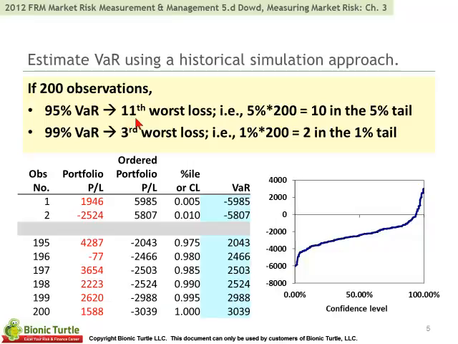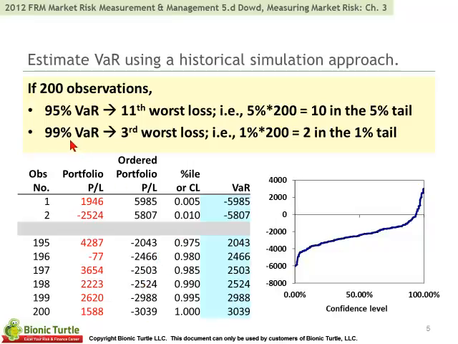We're going to draw the line at the 95% VAR as the 11th worst loss. You can see here's the worst loss, 2nd, 3rd, 4th, 5th, 6th. I'm not showing those, but we would get to the 11th, because at the 11th worst loss, we have 10 observations that are worse than that. So 10 observations would be in the tail.